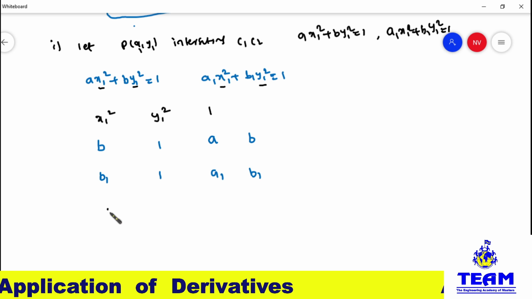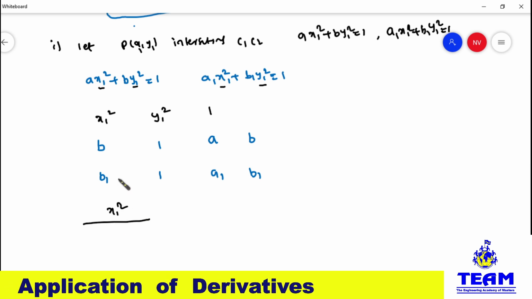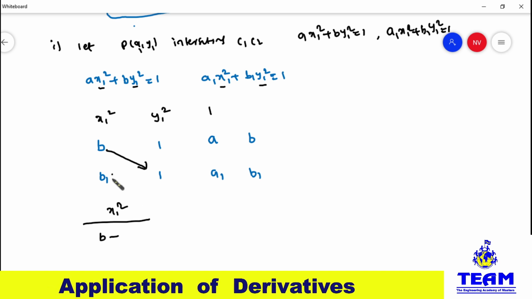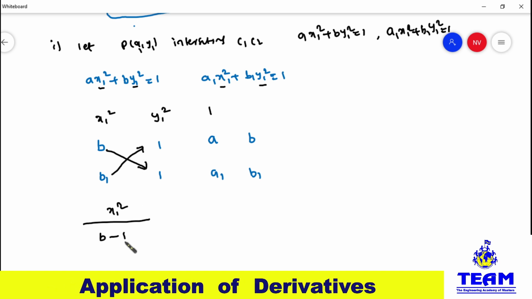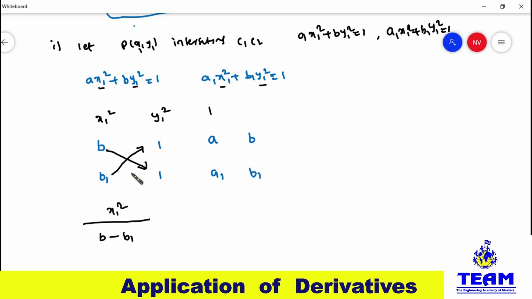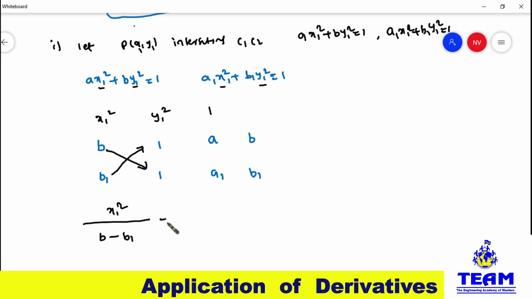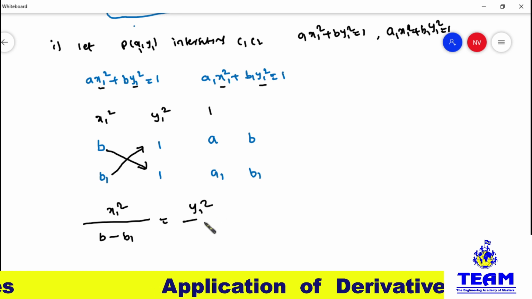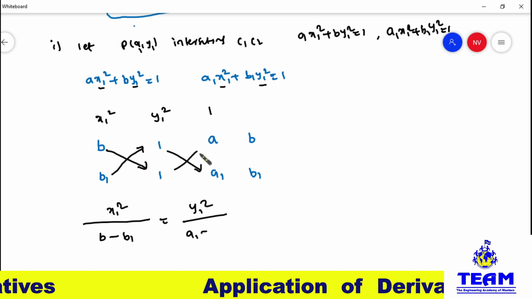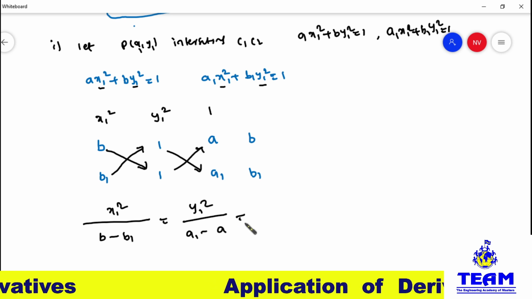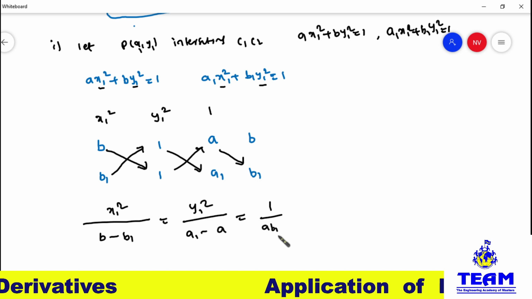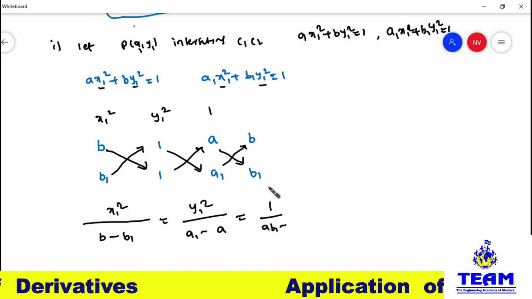Next, x1 square divided by, friends you see, b into 1 minus b1 into 1, which is equal to y1 square divided by 1 into a1 minus 1 into a, which is equal to 1 divided by a into b1 minus a1 into b.